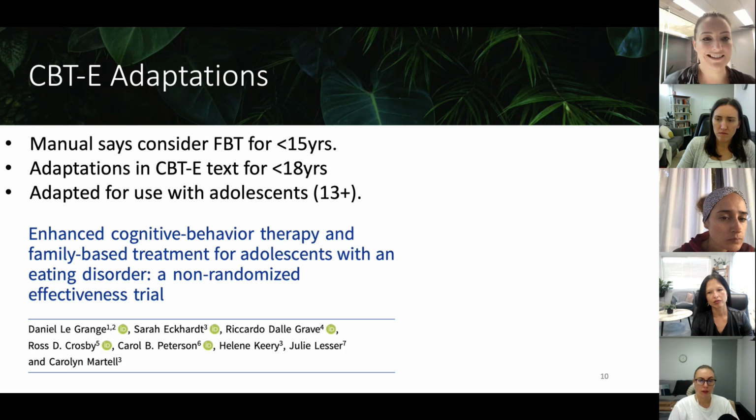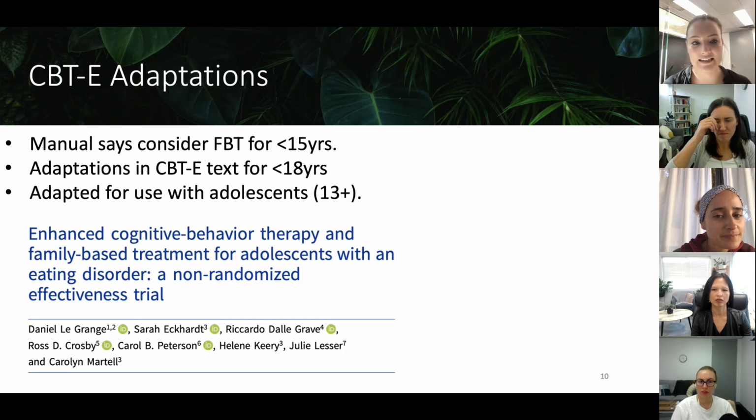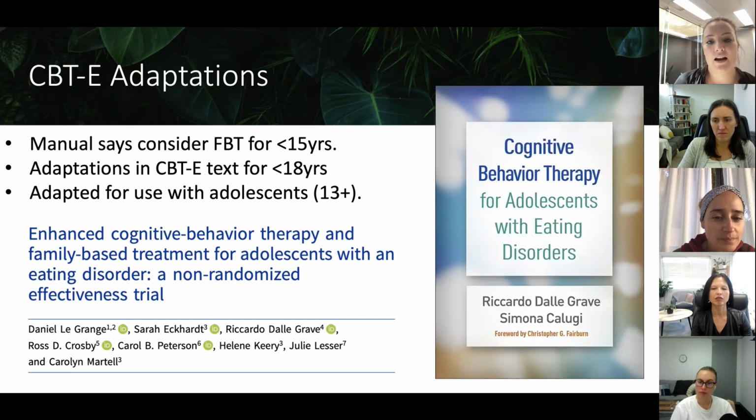The manual actually says to consider FBT for anyone aged under 15, and that CBT should only be considered for adolescents over 15 years. However, again, there have been adaptations by the Italy group for adolescents aged over 13 years old.